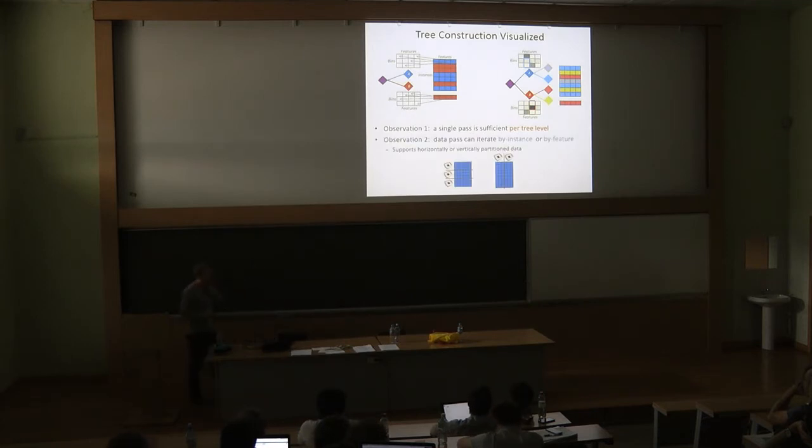And then another thing that's not as obvious is that we could either split the entire data set by instances on multiple workers, or we could also split it by feature. So every machine could be responsible for just a subset of features. All it needs to know is which examples go into which sub-branch.